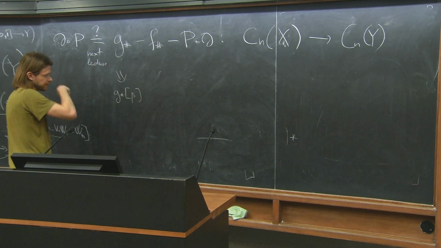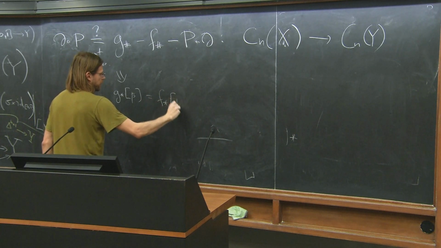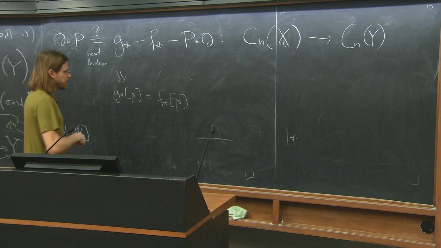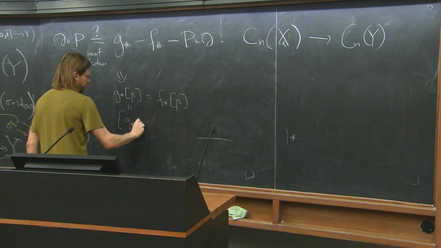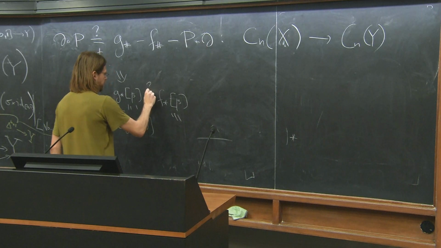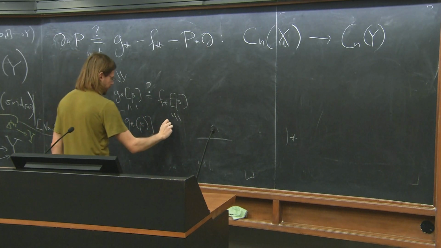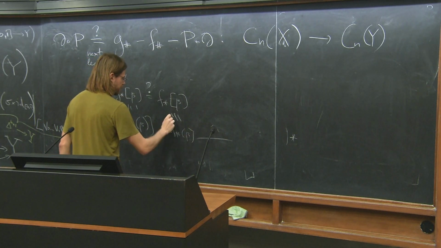Apply it to a class of beta, so this is by definition g sharp of beta, and this is the class of f sharp of beta.